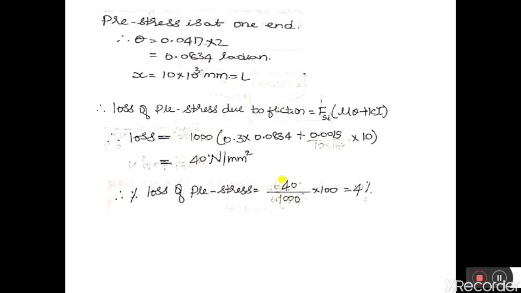The total loss is 40, and the initial pre-stress applied to the cable is 1000 Newton per mm square. So 40 divided by 1000 into 100 is equal to 4%. So loss due to friction in the cable is 4%. This is what they have asked in the question.